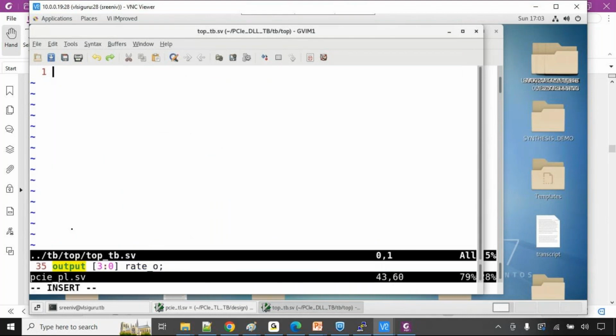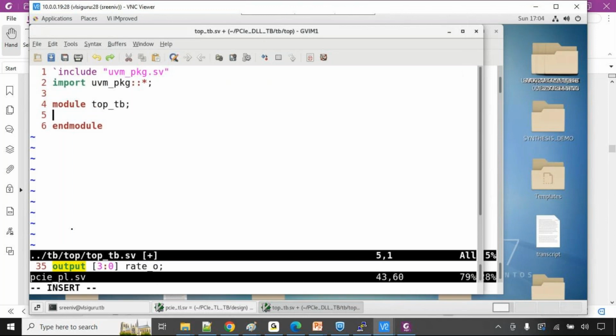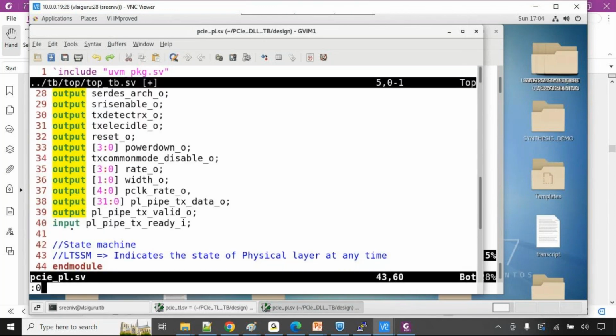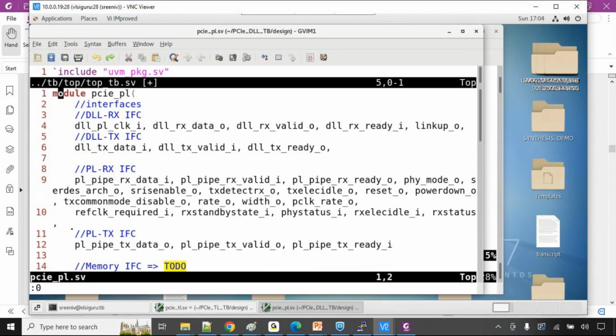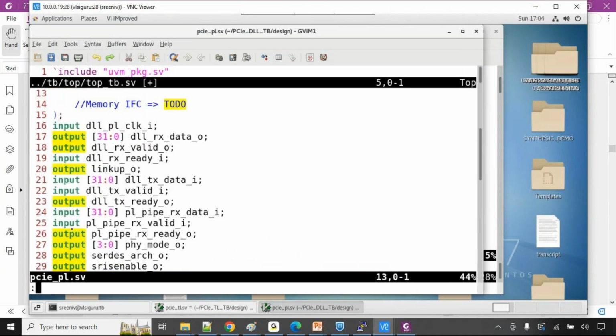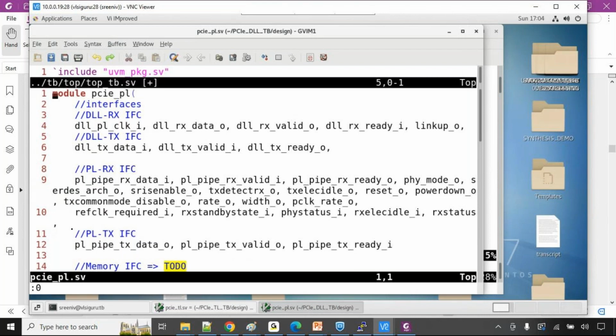So what is that you do as part of the UVM package.sv? Include, import UVM package star. Then of course you have the normal steps, right? Module top_tb and endmodule. What do you do? Very first thing I'm going to do is I'm just going to instantiate this interface, lines 1 to 15. I'm going to paste it.